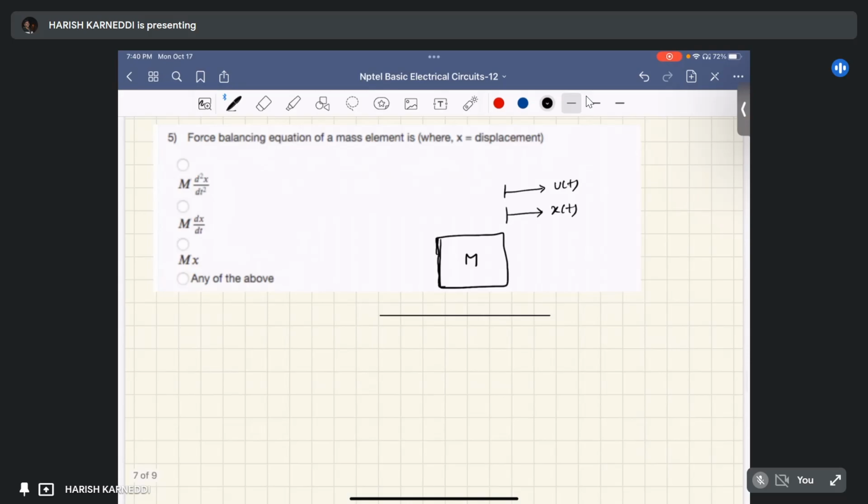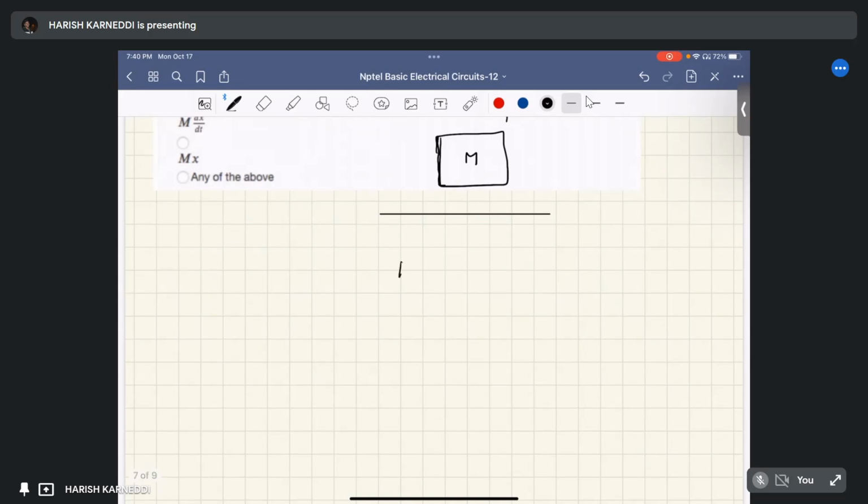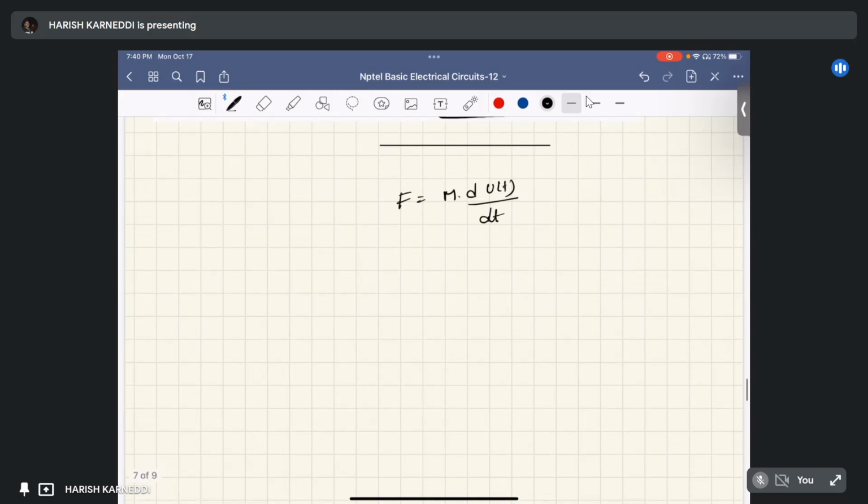The force equation is F equal to m du(t)/dt, what we saw in the previous one. Here u(t) is the velocity. We can represent the velocity in terms of displacement, that is, the velocity equals the change in displacement, dx(t)/dt. We can substitute this equation in this.